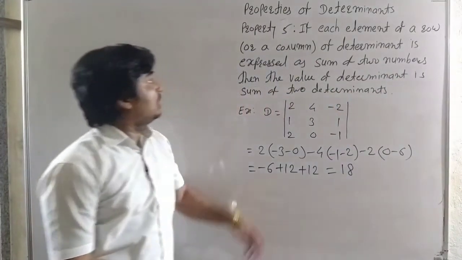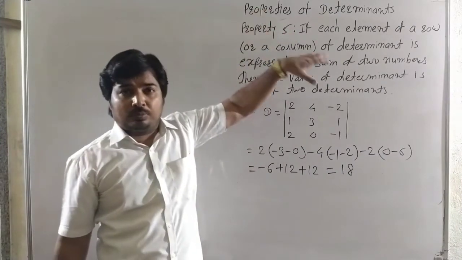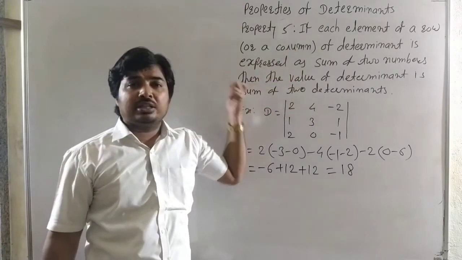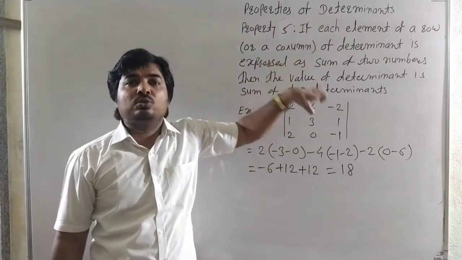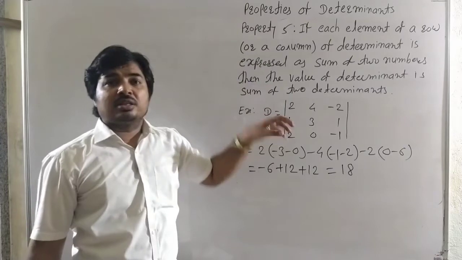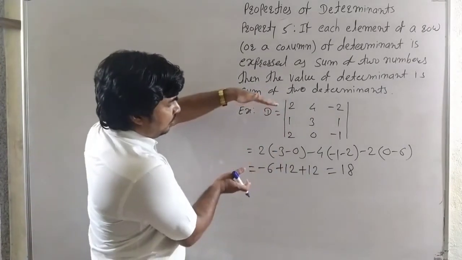Okay, here if each element in a row or column we can express as a sum of two numbers, then we obtain two determinants, and the value of the determinant is the sum of those two determinants. Okay, now we see the example.